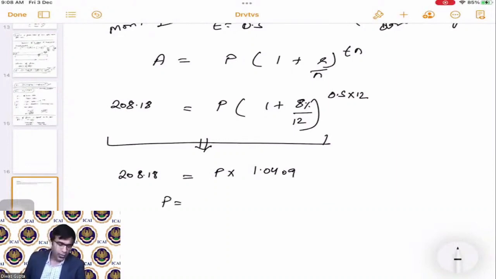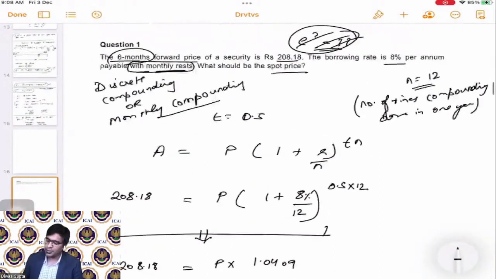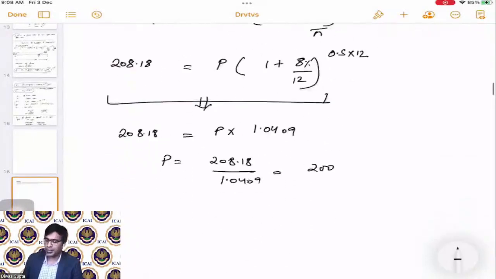And P is equal to 208.18 divided by 1.0409, which is equal to 200. Jitendra, your answer is right. It's INR 200. Present value is INR 200. Perfect.